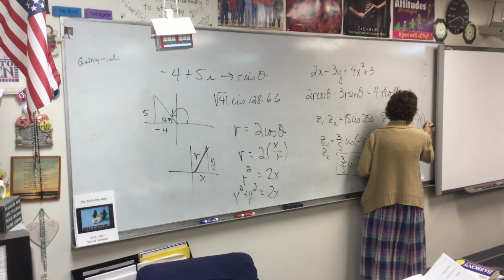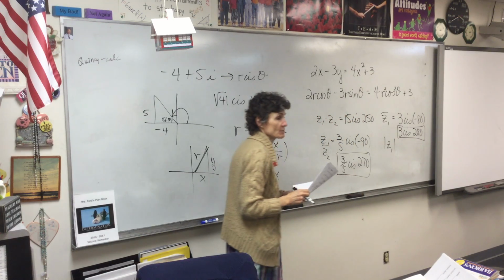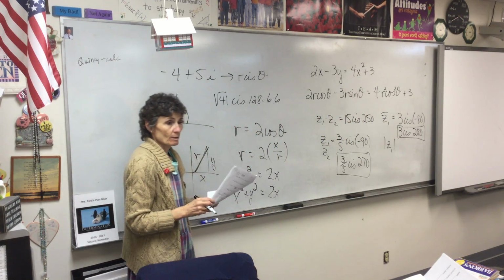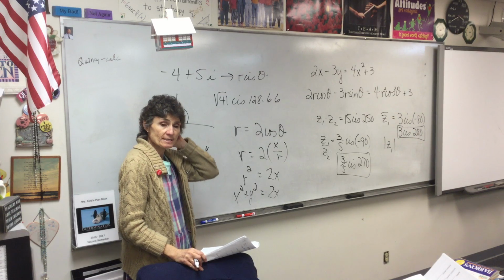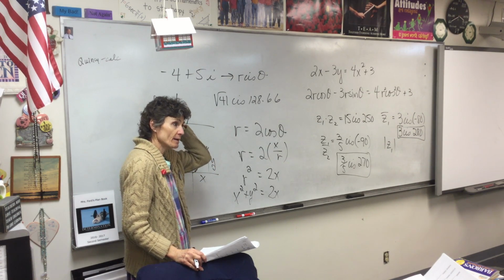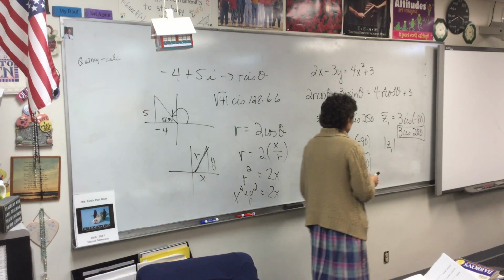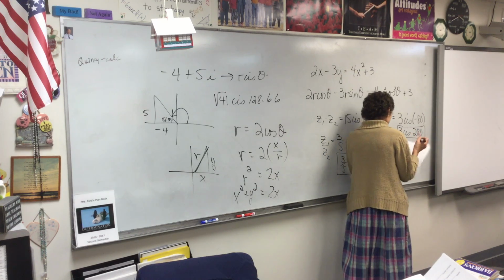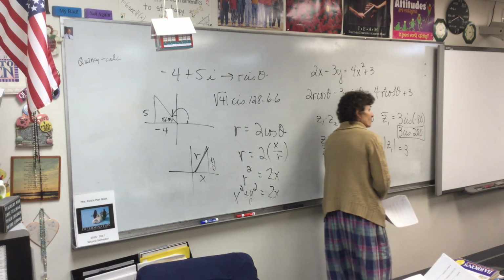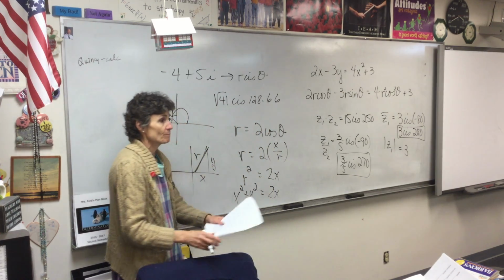So what is that, 280? And that would be my final answer. With the conjugate, r stays the same, and theta changes sign, right? All right, and what does this mean? The magnitude of the number, and that's just r. That's how long it is when you graph it. That would just be 3.